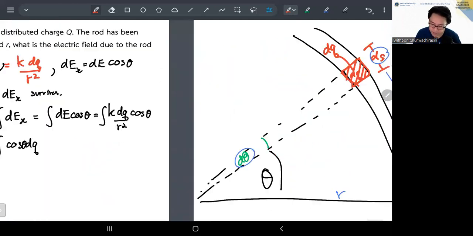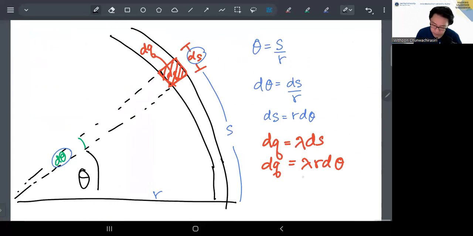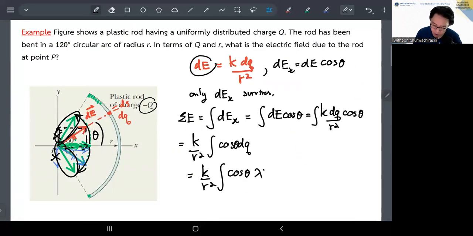Now take that, bring it back here. So what you're going to do is k over r squared, integral of cosine theta, and dq is just what we just got, lambda r d theta. And you keep going. You do the integral, whatever constant you pull out. Lambda is constant because of the uniform distribution.